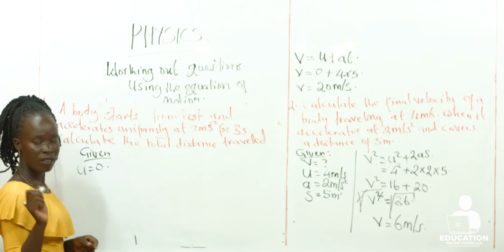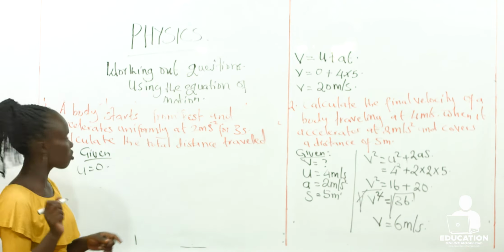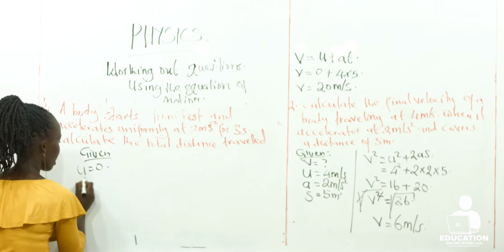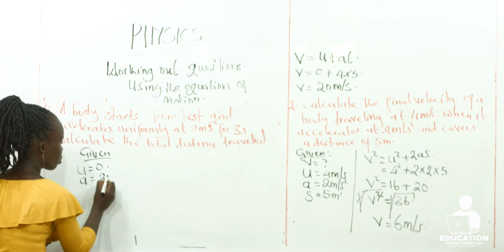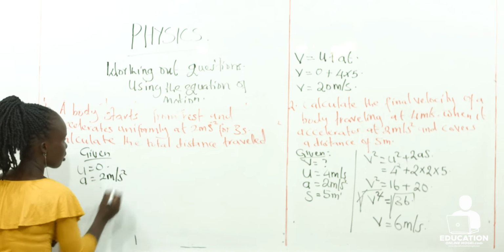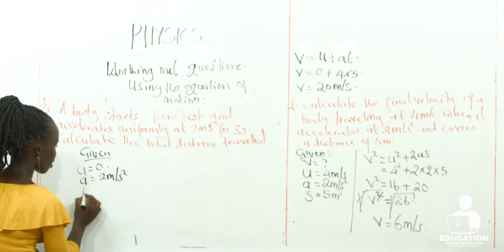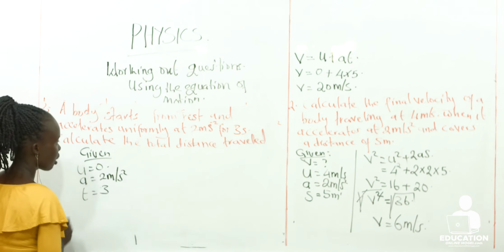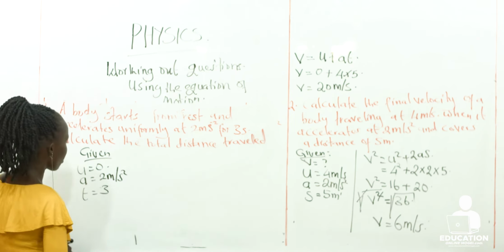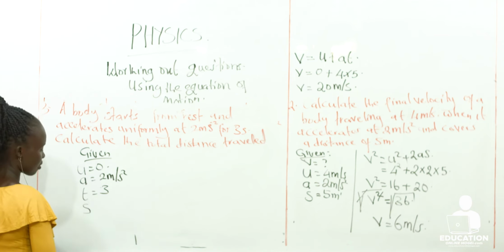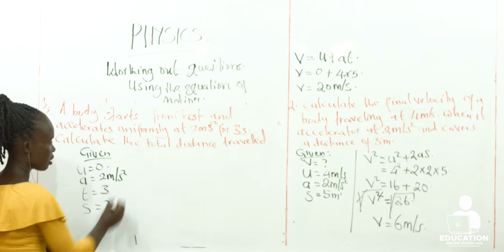When a body starts from rest, the initial velocity is 0. Accelerates uniformly at that rate, our acceleration is 2 meters per squared second for 3 seconds. Our t is equal to 3 seconds. So they want us to find the s, which is our distance.